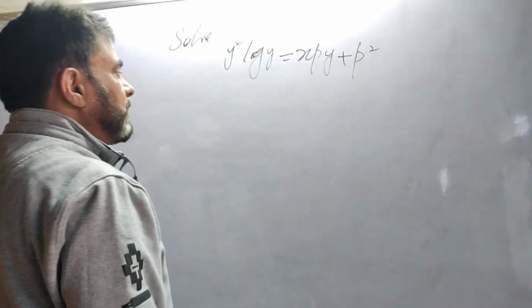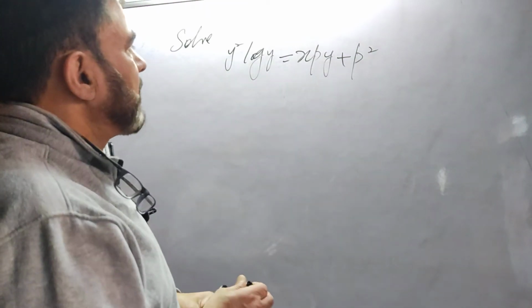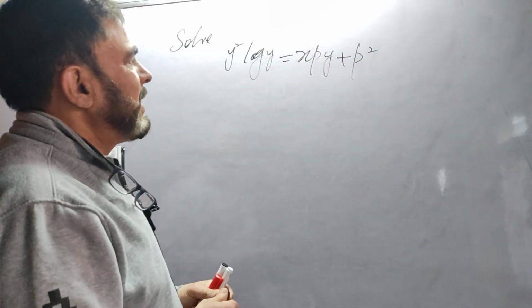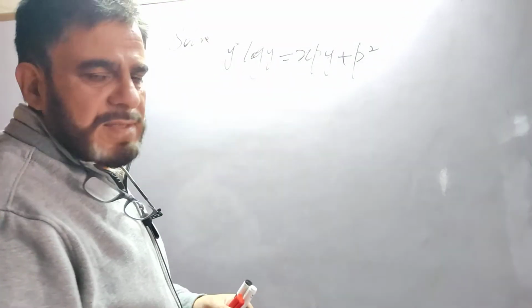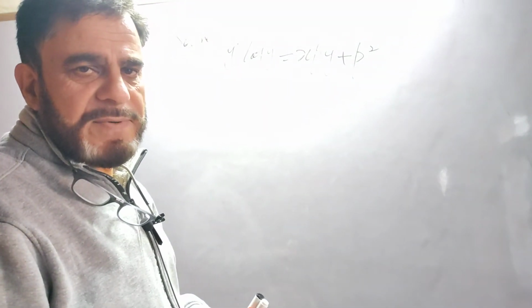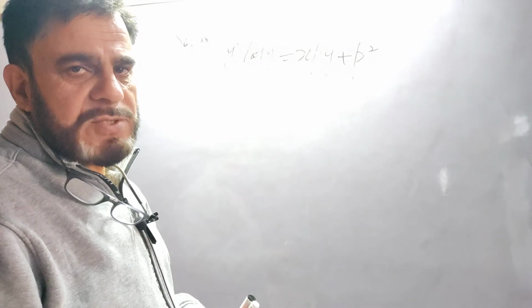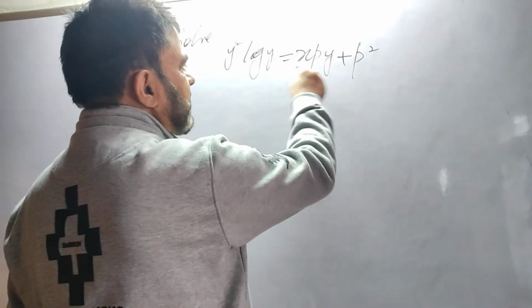Here you have y occurring in square power, and log y. So we are observing here we can write this equation as a function of y and p. It is solvable for x because x exists here linearly.